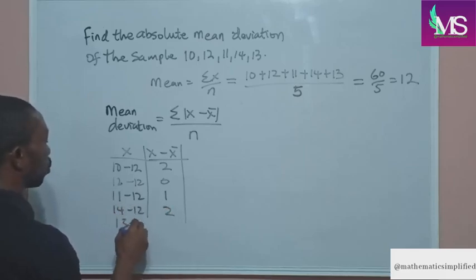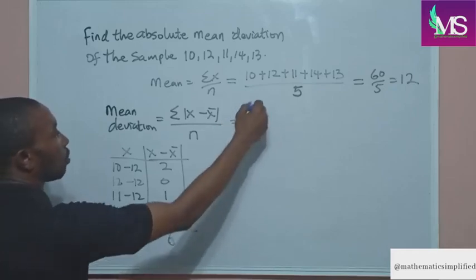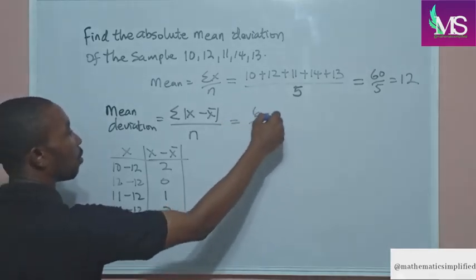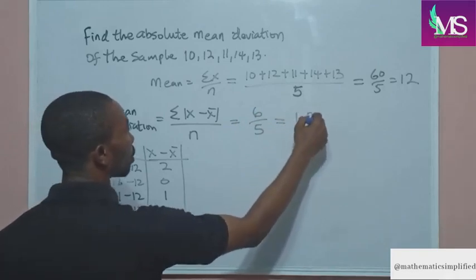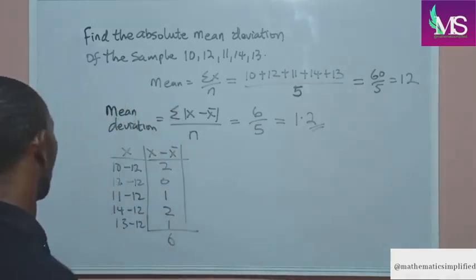And 13 minus 12, which is 1. So the summation will be 2, 4, 6, 6. So here will become 6 over 5, which will give us 1.2 as our mean deviation.